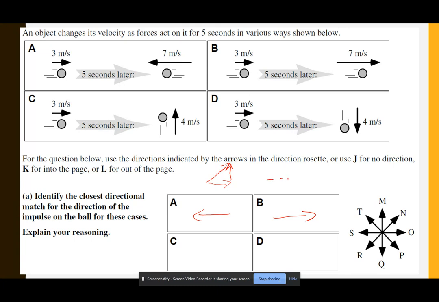So if it's heading this way and we want this to be our resultant, that kind of gives us this. This has to be our answer. So C, you got to hit it that way.